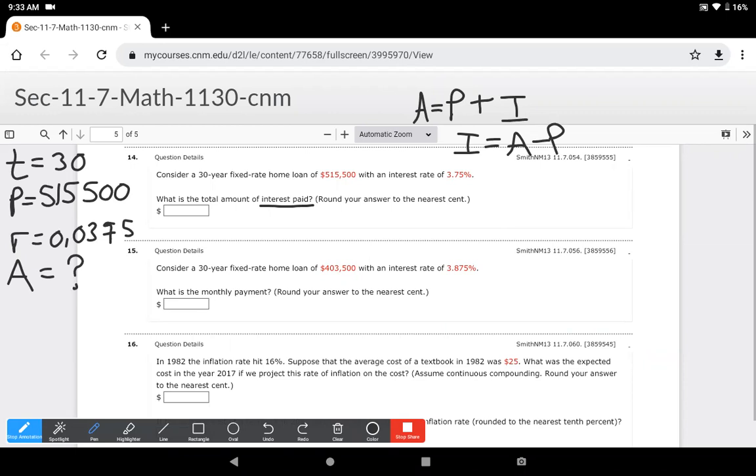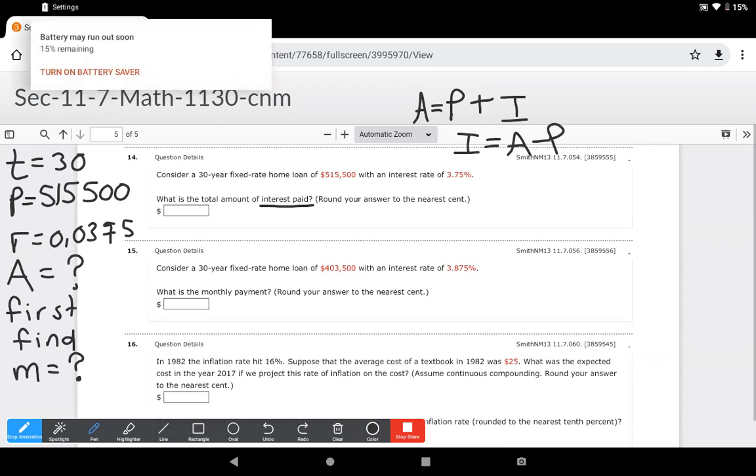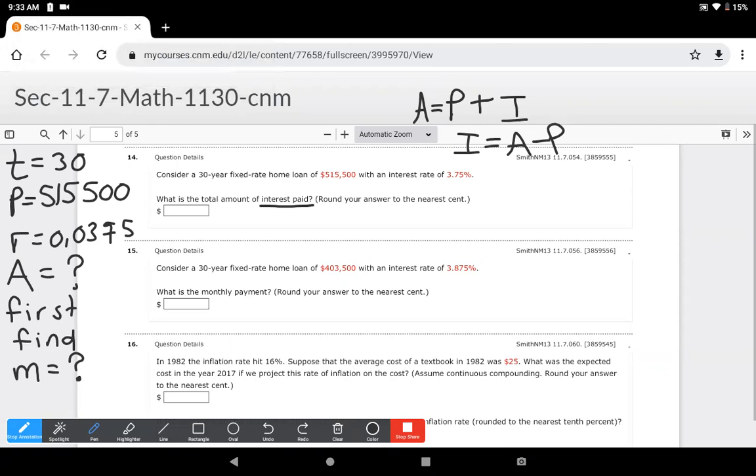But it isn't A that we find here. Not yet. So we have to find A, but to find A, we have to find M. Because what we have here is P, R, and T. That would give us the future amount if we were using future value, but that's not how home loans are done.